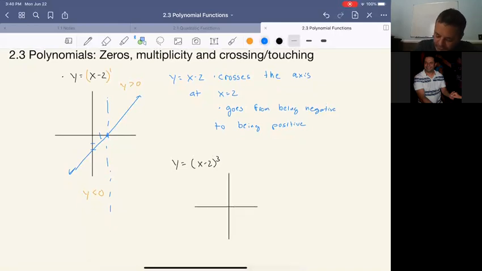So I'm going to go over here to 2, and it's going to be a cubic graph. So it's going to look like so. Let me smooth that out a little bit.